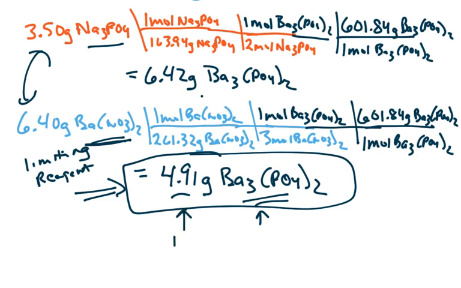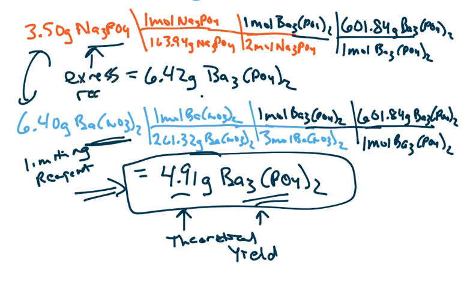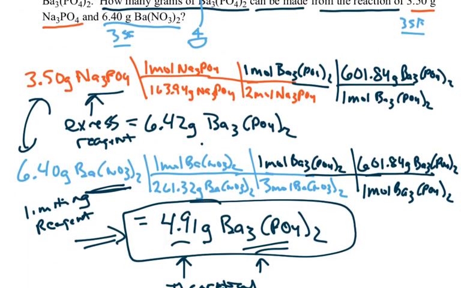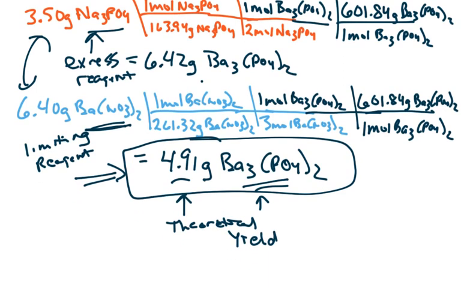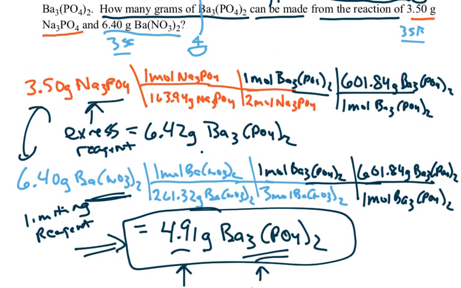Sorry, this number. This is our theoretical yield. And this up here, just to keep naming things, is our excess reagent. That's a lot of vocabulary, but that's everything we have from this problem. And our answer is 4.91, 3 sig figs. All right? Stay tuned. There'll be more.